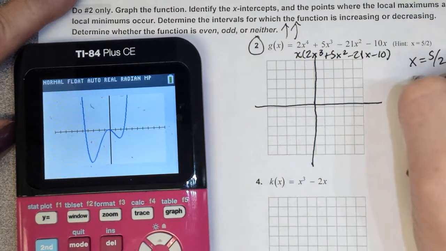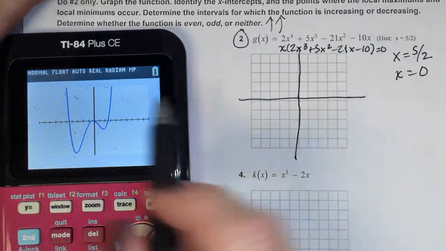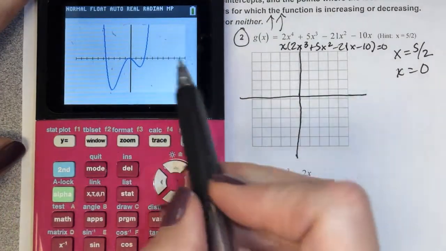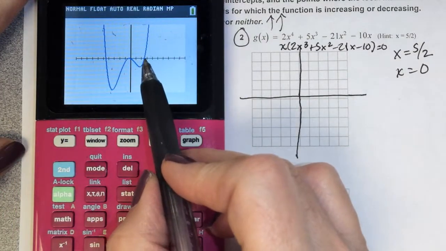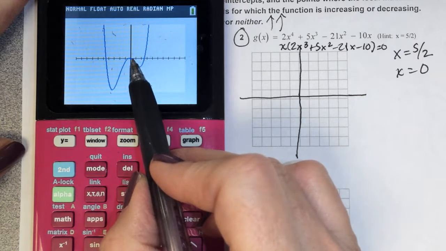Okay, so what's my other 0 then? 0. How many other zeros should I have? 2. Now, this one, what do you think this one is right here? That's the 5/2. That's the 0.